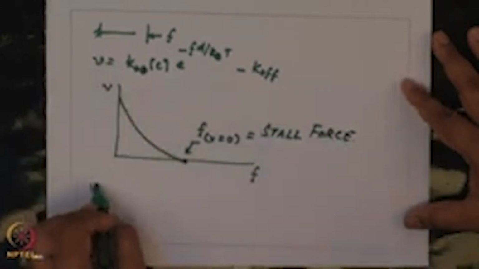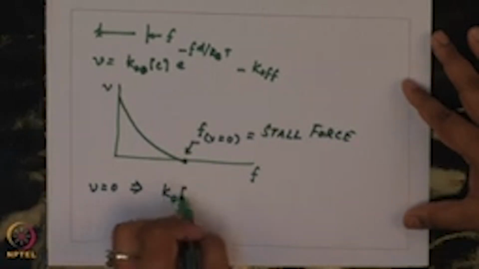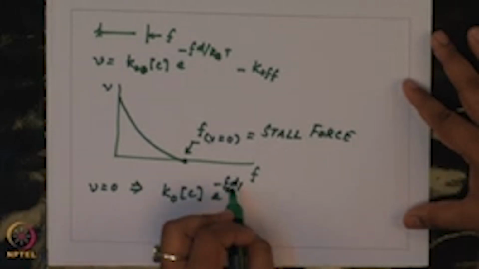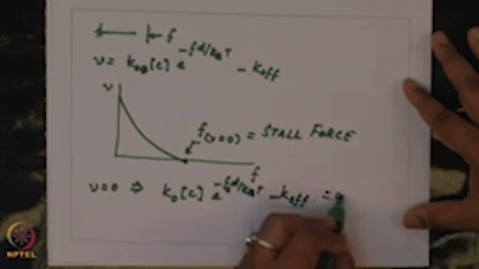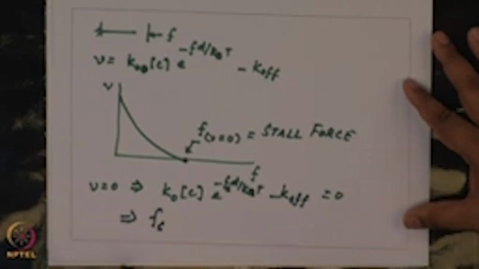So, I can set v equal to 0 in this expression, and I have k_0 times concentration of monomers e to the power minus f_s d by k_B T, minus k_off equal to 0. From here I can find out the value of f_s.